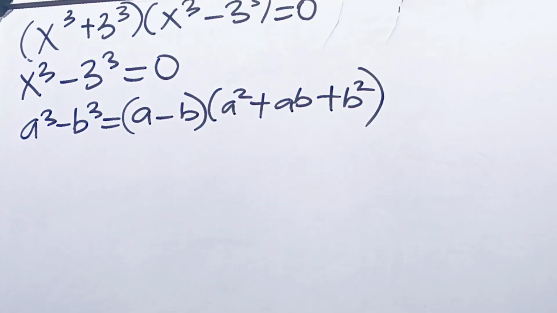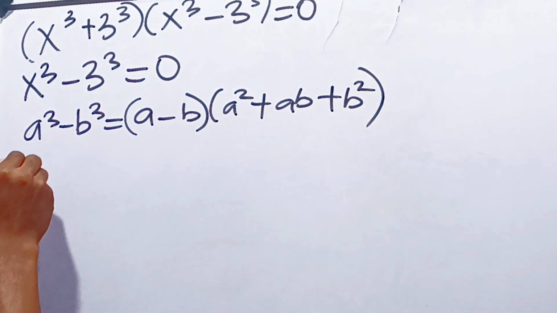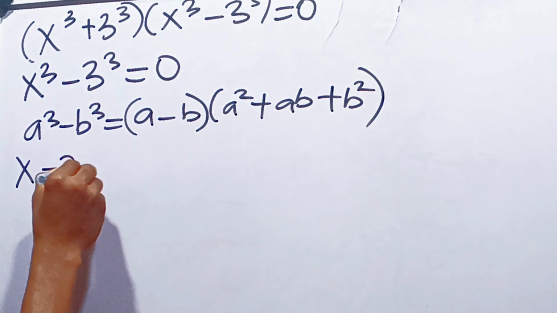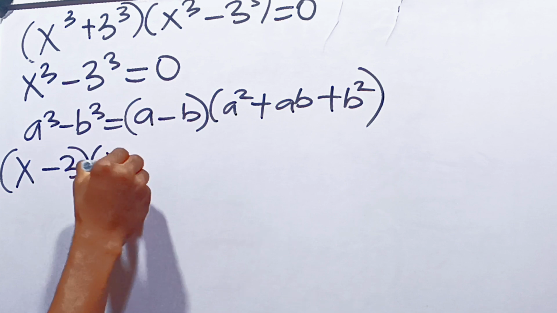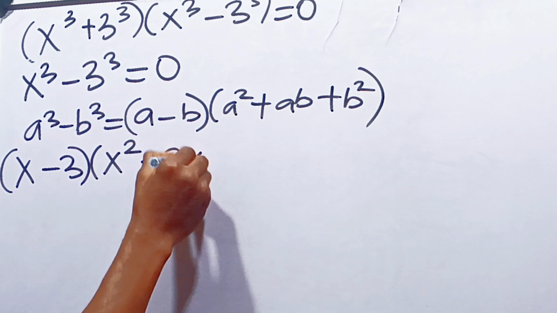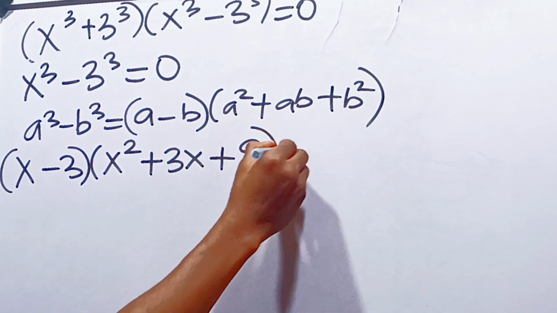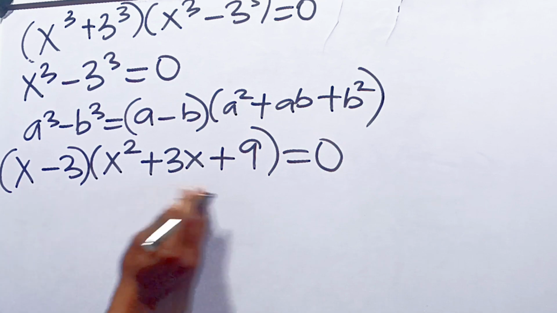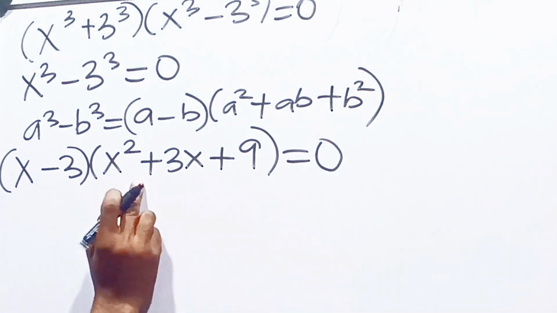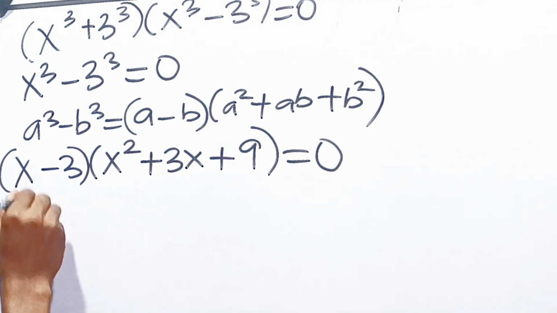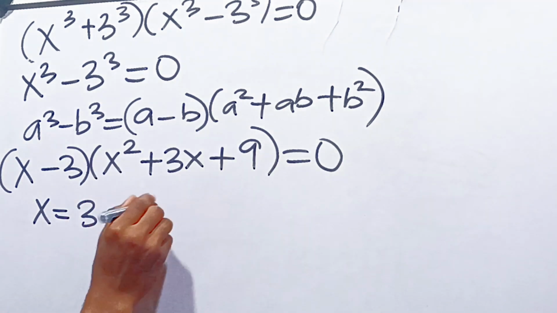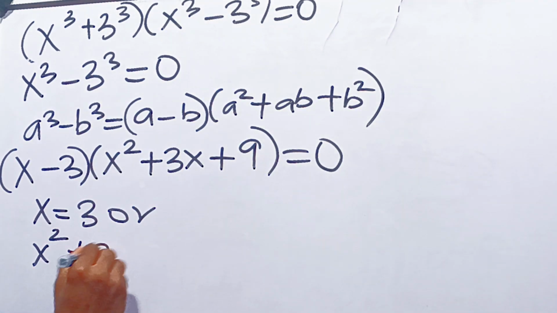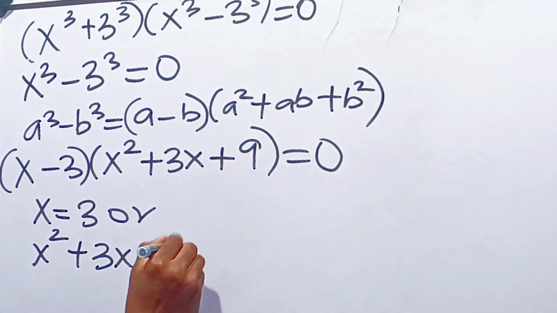Moving on from here, this is x minus 3 multiplied by x squared plus 3x plus 3 squared, which is 9, equal to 0. This is a product of two things giving us 0. So it's either that x is equal to 3 or x squared plus 3x plus 9 is equal to 0.